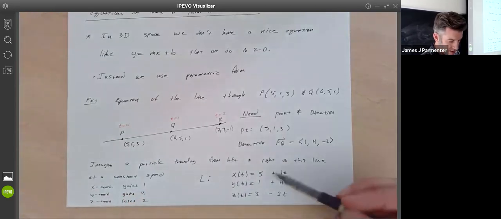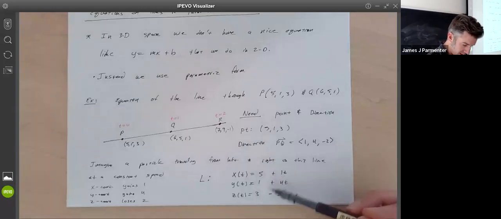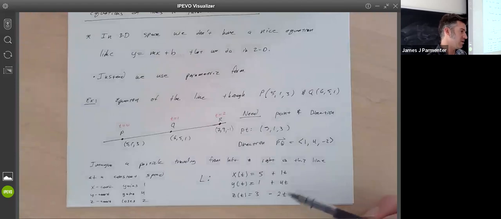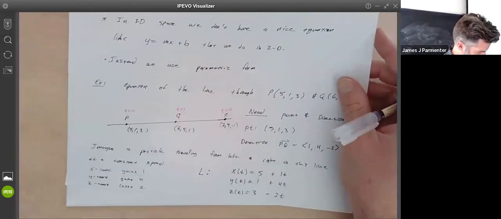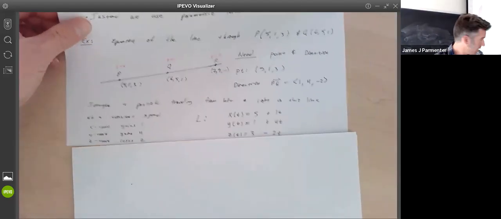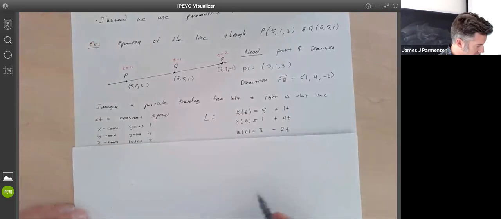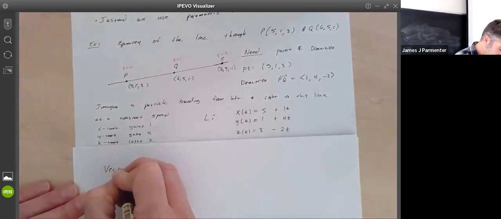Essentially, the idea is x, y, and z are equal to the starting point plus t times the vector that gets you to the next point, or t times the vector that's in the direction of the line. We can write this a couple different ways. You'll definitely see that in 21D, we typically write this in vector form.